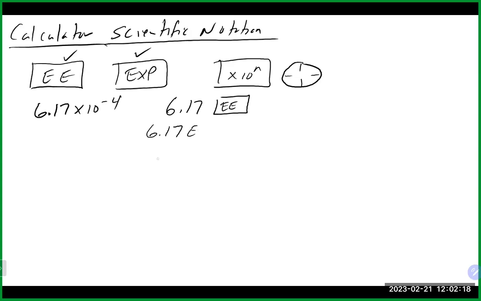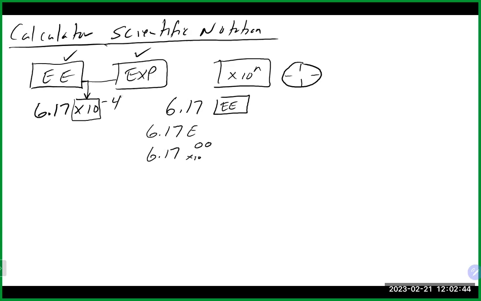It will show 6.17 with an E, or 6.17 with a couple of zeros popping up. Maybe it'll even say times 10 on the bottom. At that point, you then enter the rest of the number. When you hit the exponent button, it represents this part of the number. So that is really what the exponent button represents. That means you do not need to use the multiplication button or anything like that.